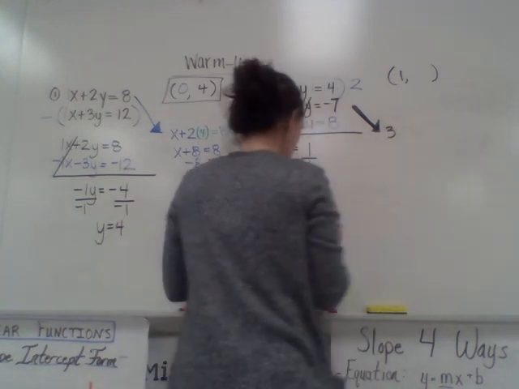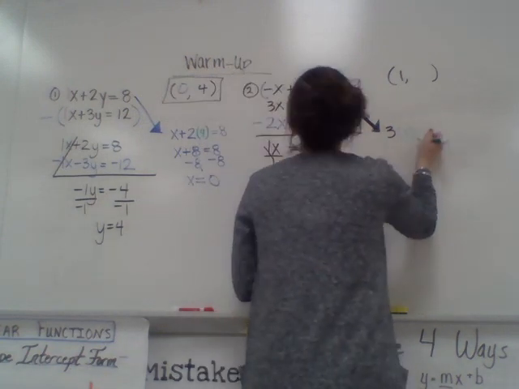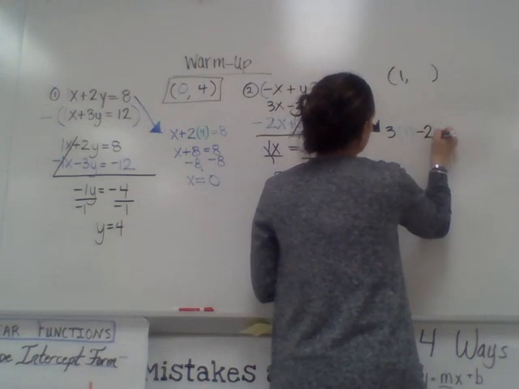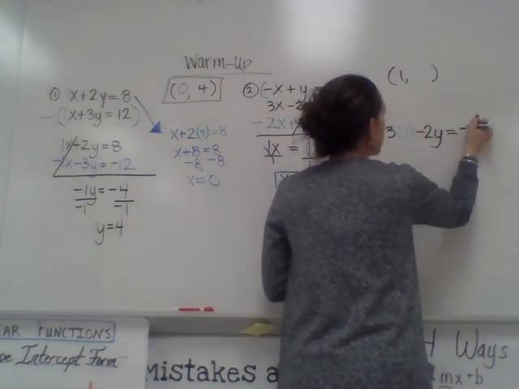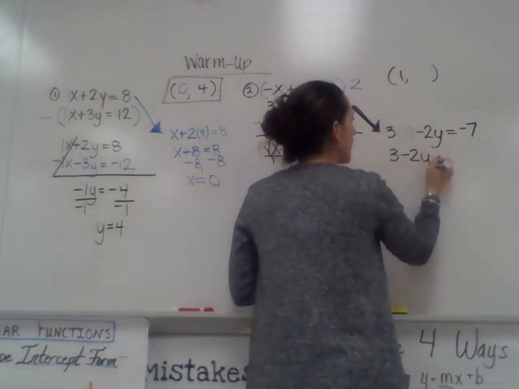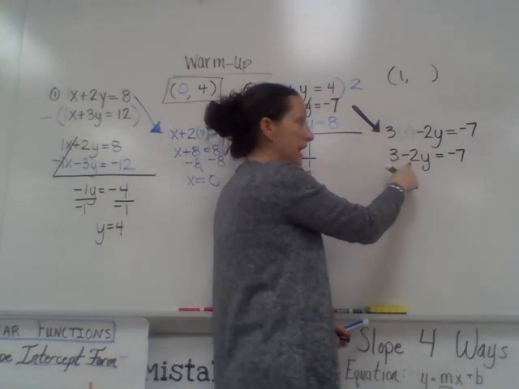So 3x is equal to a +1 minus 2y equals -7. 3 times 1 is 3 minus 2y equals -7. This is a +3. The negative goes with the 2.